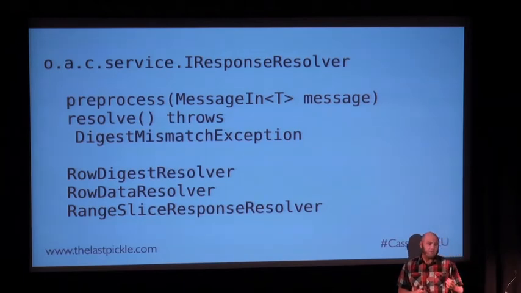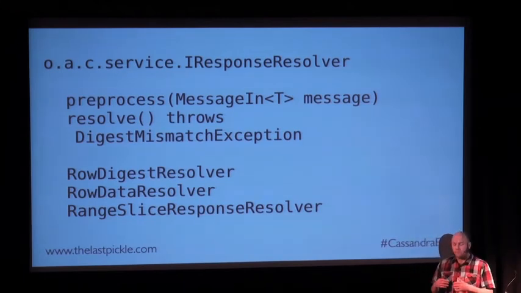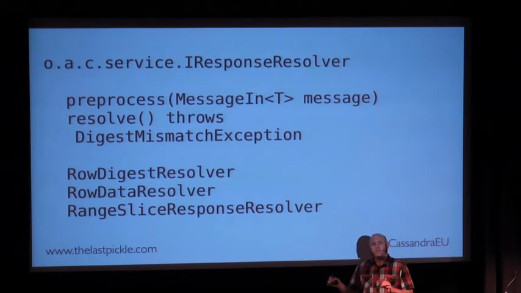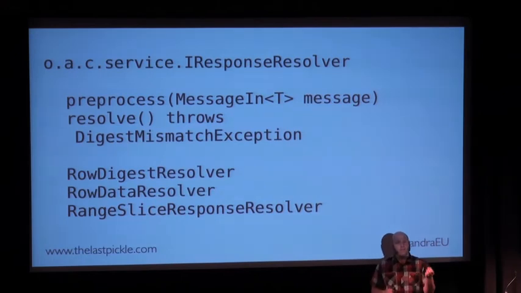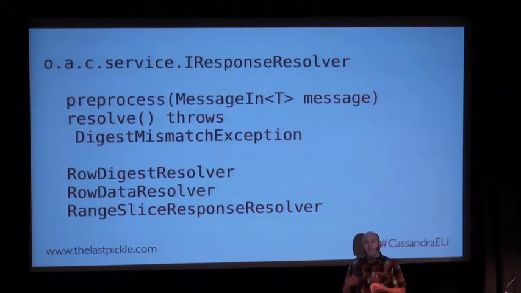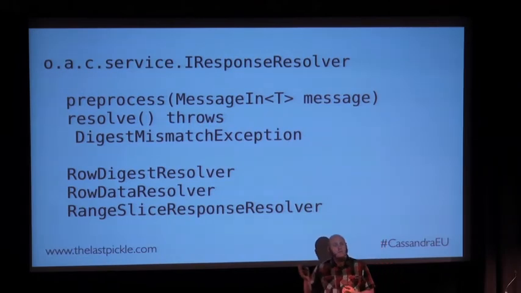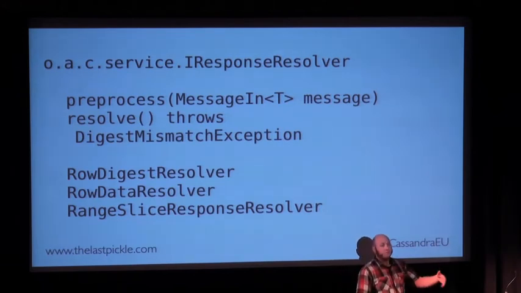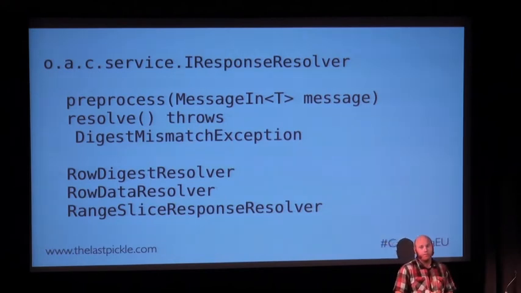The row digest resolver is used the first time we do the read, and we ask one node to return the data and the other nodes to return the digest. This resolver makes its own digest of the data that it got back and compares those to the other digests. If they don't match, it's going to throw a digest mismatch exception to say data's out of sync. If they do match, it's just going to return the data, and we can get on with things.